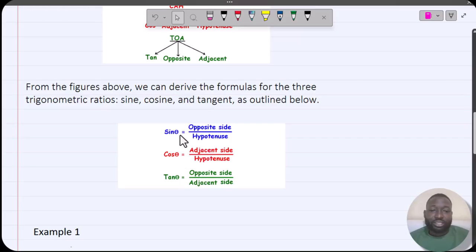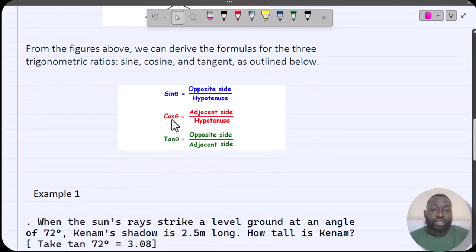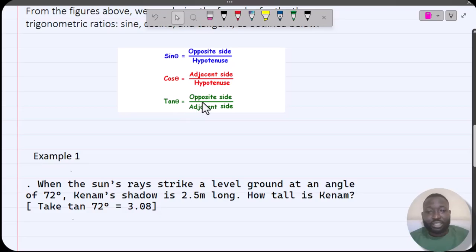So you have sine theta, opposite side over the hypotenuse, and then we have the cos theta, the adjacent side over the hypotenuse. We have the tan theta, the opposite side over the adjacent.